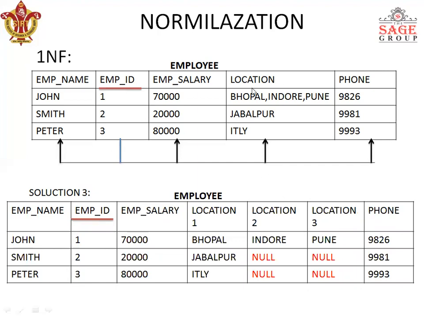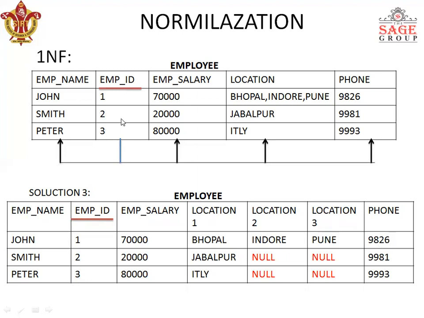What we have created is that we break this location down into 3 columns: location 1, location 2, and location 3. So here we have reduced some kind of data redundancy. The employee name, employee ID, and employee salary remain as they are. Now the locations of employee 1 are Bhopal, Indore, and Pune. So in location 1 we insert Bhopal, location 2 Indore, location 3 Pune, and then the phone number.